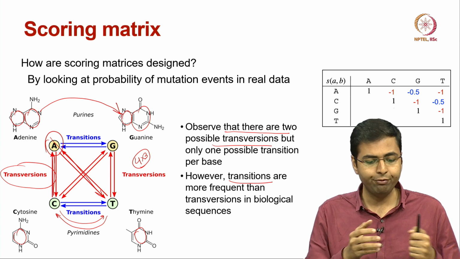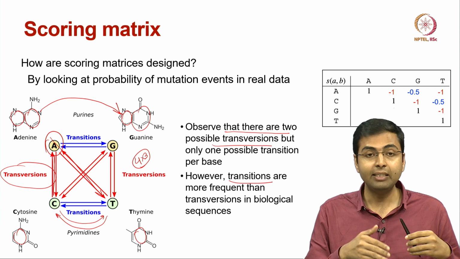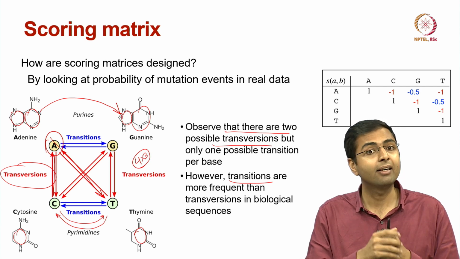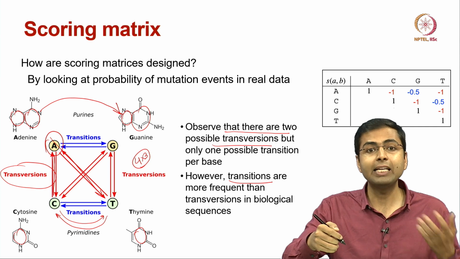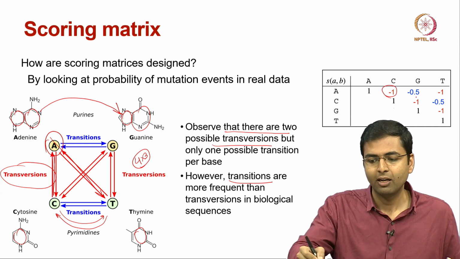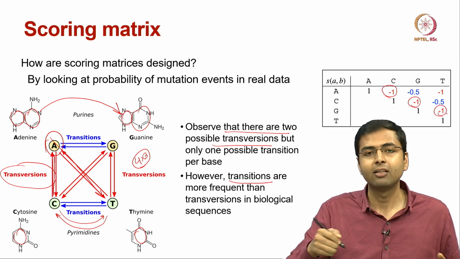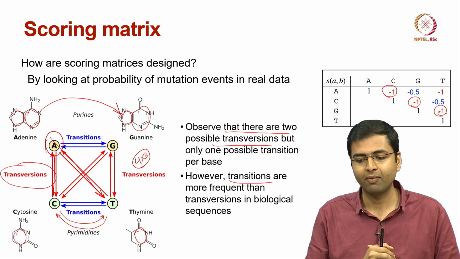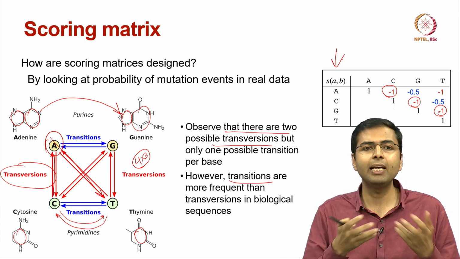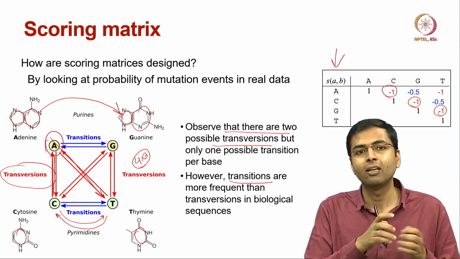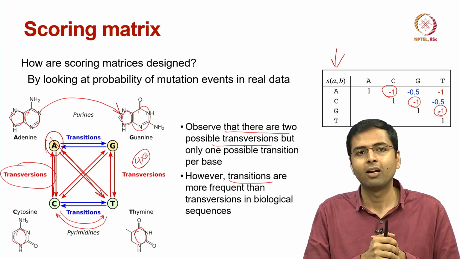So, for example, if I know that transitions are more frequent and transversions are rare, then I can accordingly penalize more for transversions and penalize less for transition events. So, while defining these scoring matrices, we will typically take into account the probability of different mutations.